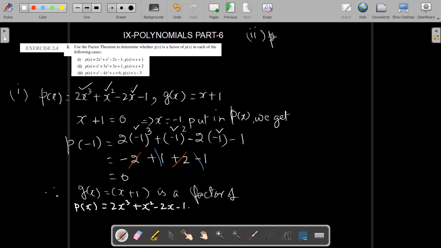Question number second, p(x) is equal to x cube plus 3x square plus 3x plus 1, divided by g(x) equal to x plus 2.